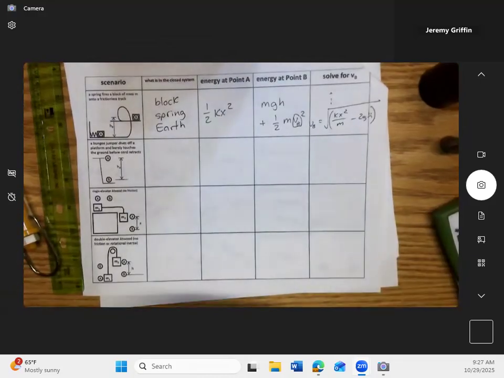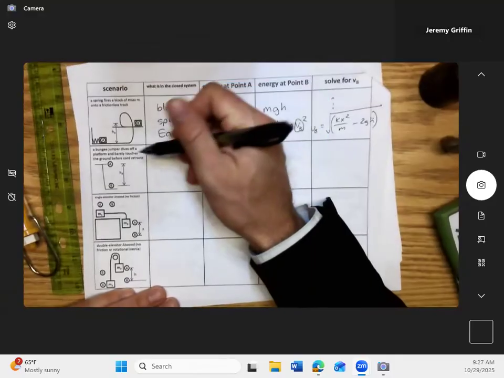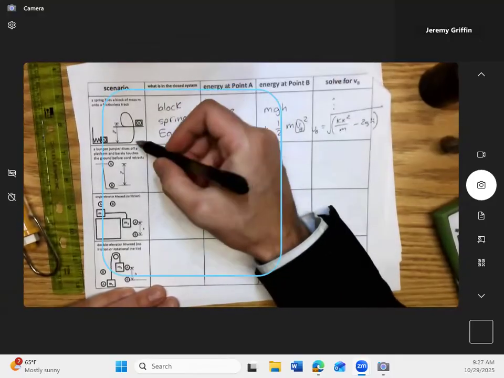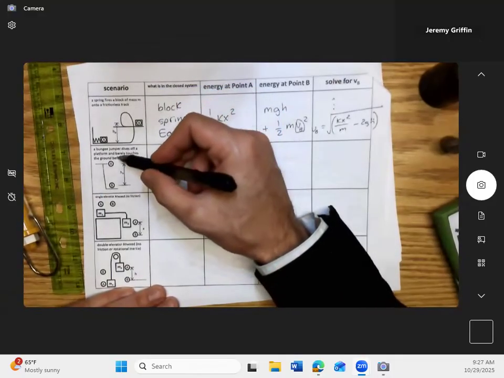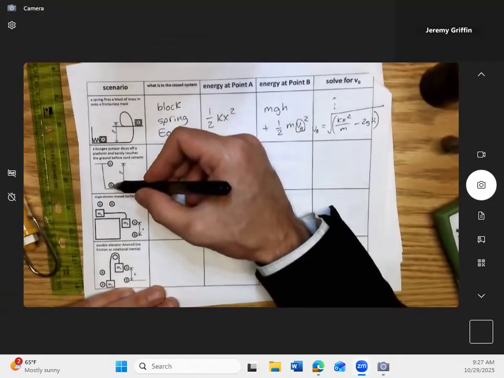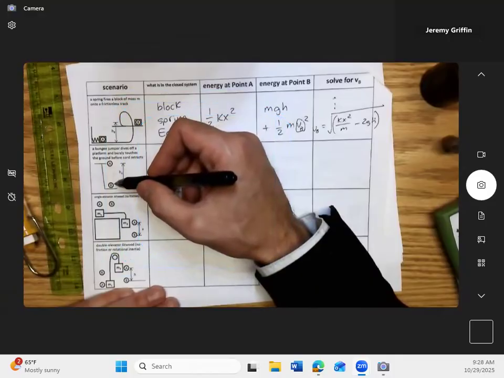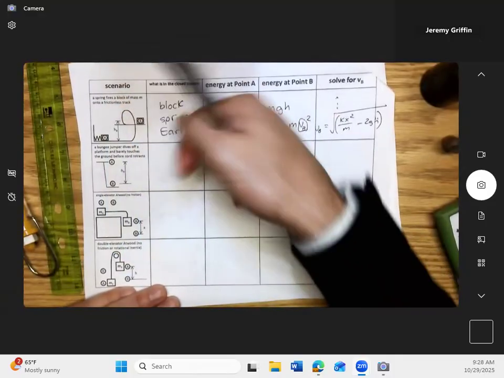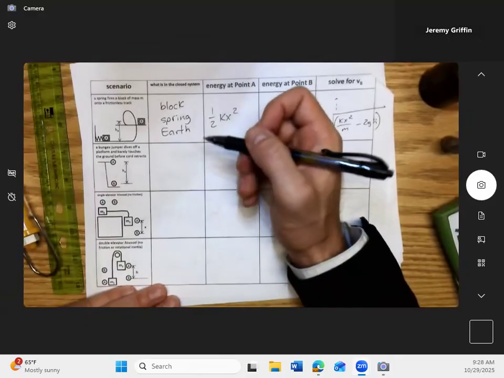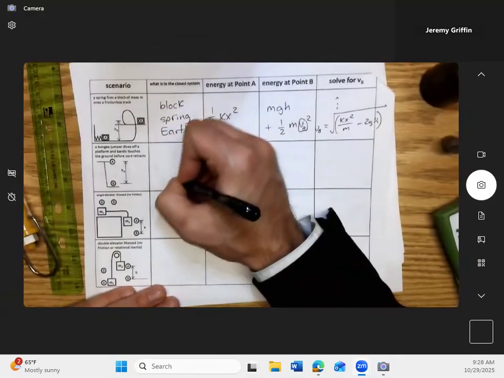Oh, bungee jumper time! I have a poster for this one too. You can figure this one out. He dives off a platform and barely touches the ground before the cord retracts. Point A is at the top of the platform, and point B is just when he's reached down and touches the sidewalk. He's about to turn around. So what goes into the system?